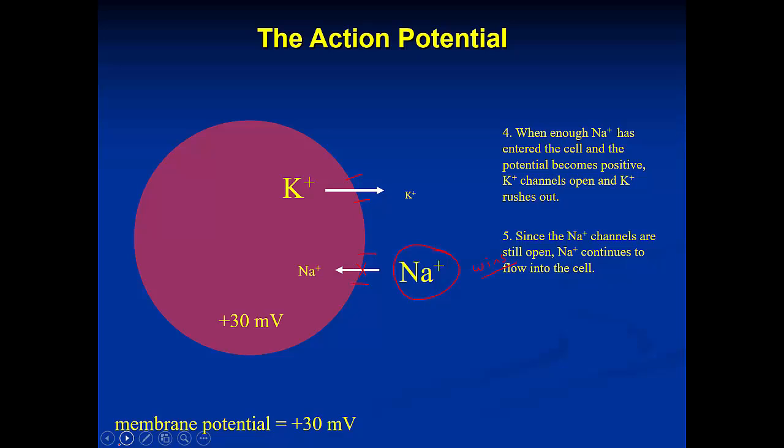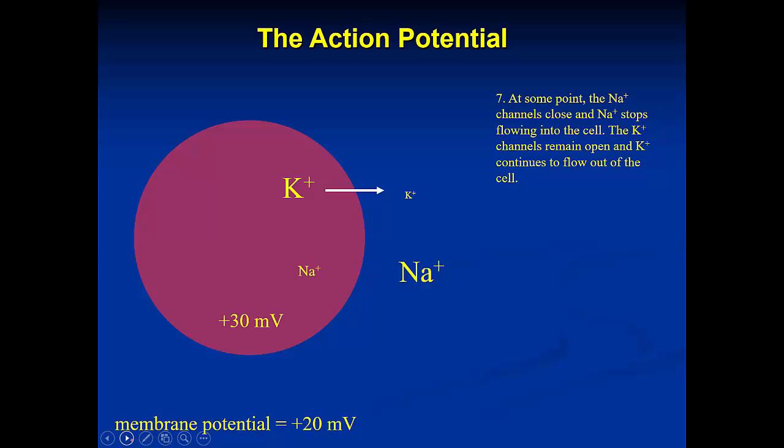Okay, so what ends up happening there, in this case, is that potassium is going to take positive charges out of the cell. So the inside will be less positive. That's the same thing as more negative. So instead of, say, plus 30, now as potassium leaves, we're going to be plus 20, then plus 10, then 0.